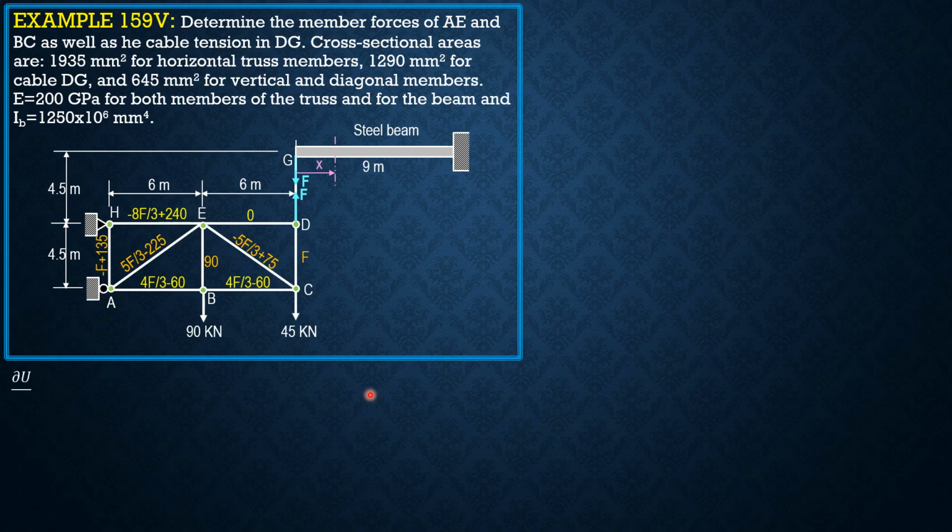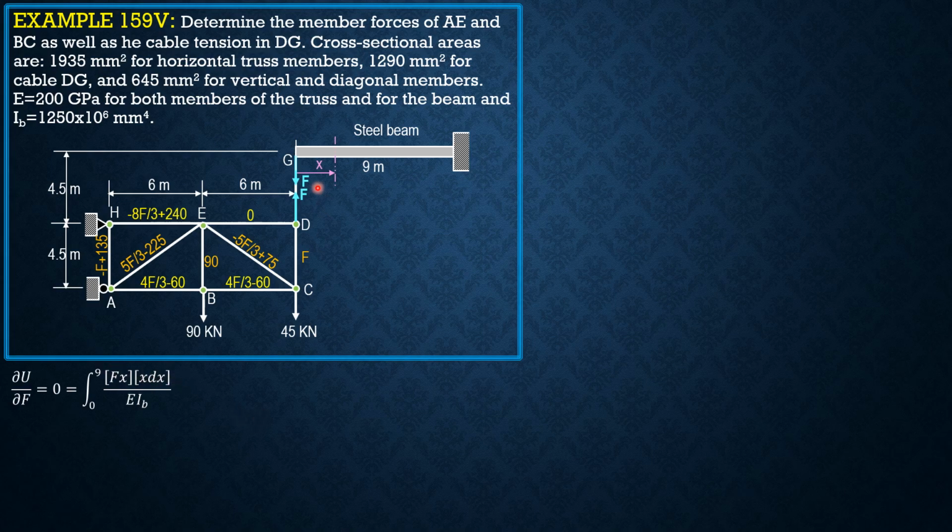So partial of U with respect to F equals 0 equals integral from 0 to 9 of Fx times derivative x dx over E I of beam, where E is common for both the beam and the members of the truss. If you make the moment negative Fx, then this is also negative x dx, so it's still the same.